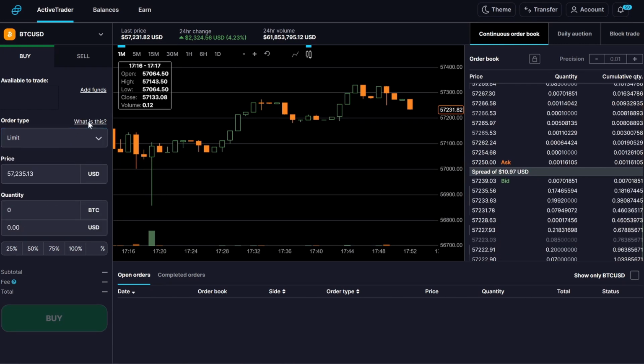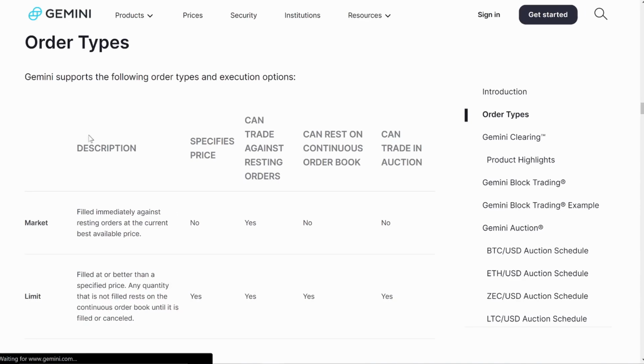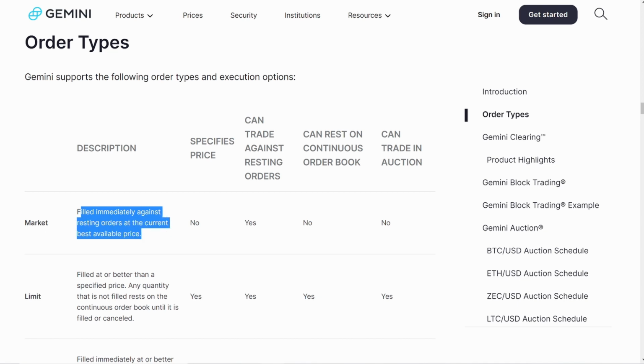Well, if you click on what is this, Gemini does a pretty good job of briefly explaining what it does. So a market order, which we already went over, is filled immediately against resting orders at the current best available price. So that will just fill you immediately for whatever the price is.